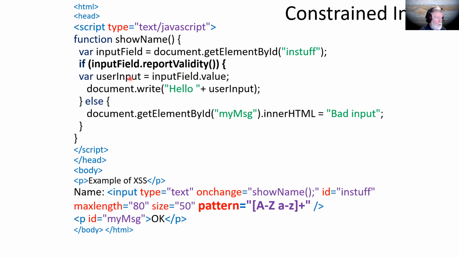If report validity is true, then that means it's okay. If it's false, that means it's not so good. So here, if it's false, we just write it there. It's pretty simple to use, and it works quite well. There's report validity and check validity. Report validity also displays an error message if it doesn't work well.